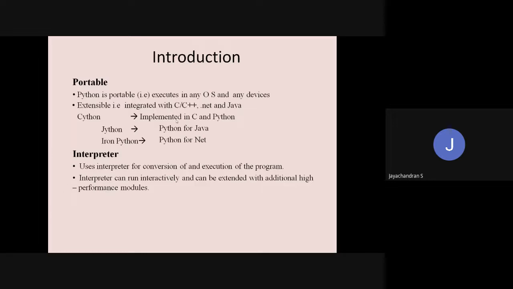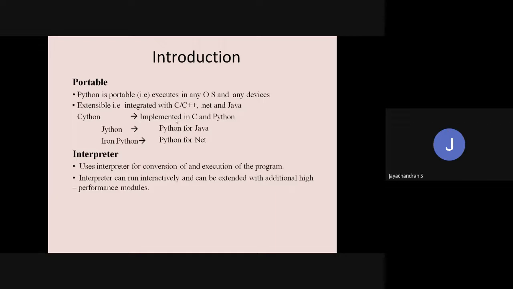Next, portability. Portable means whatever application you develop should execute on any operating system and any device. For example, a mobile app, the Android app, and then the Android browser, Google Chrome browser, Firefox browser.